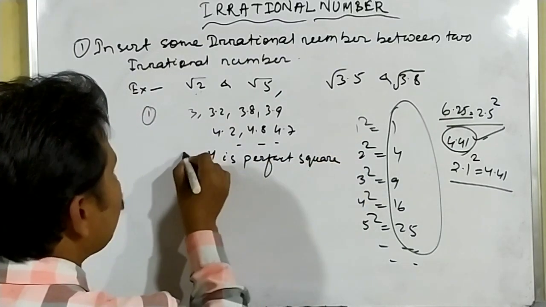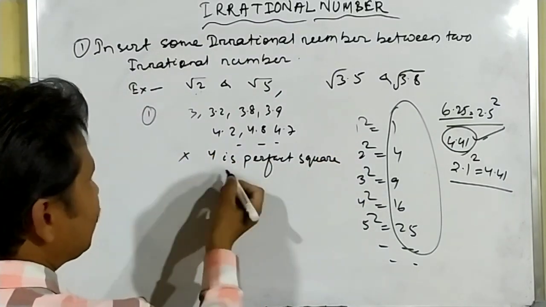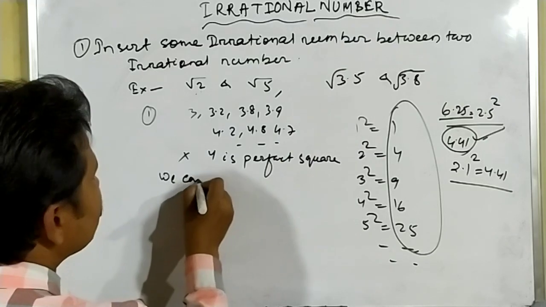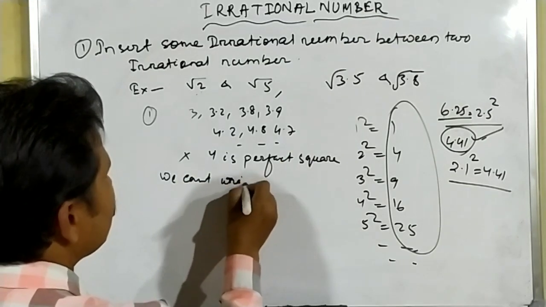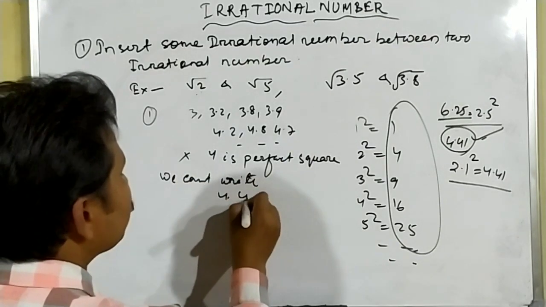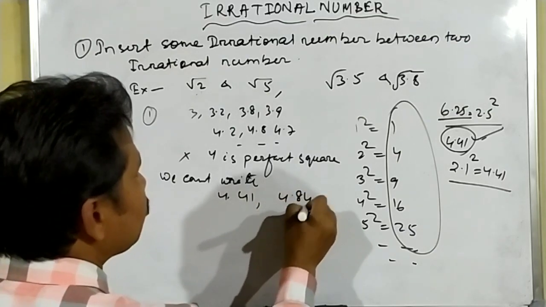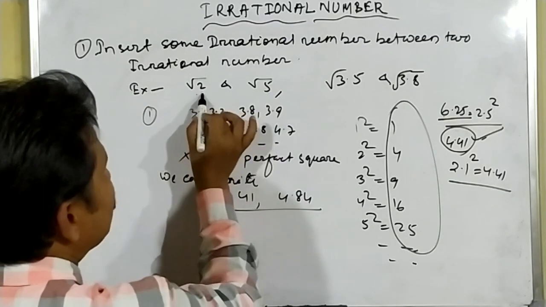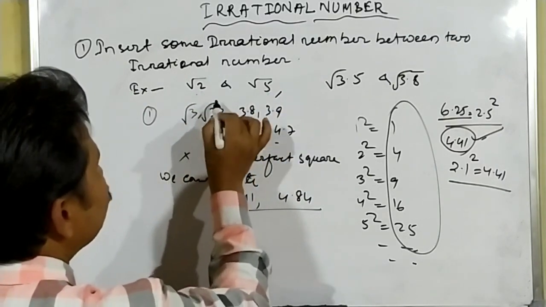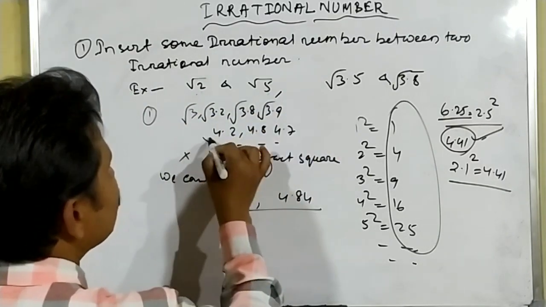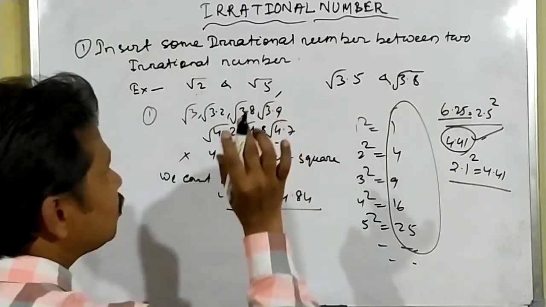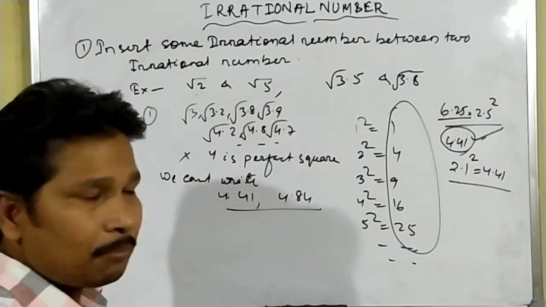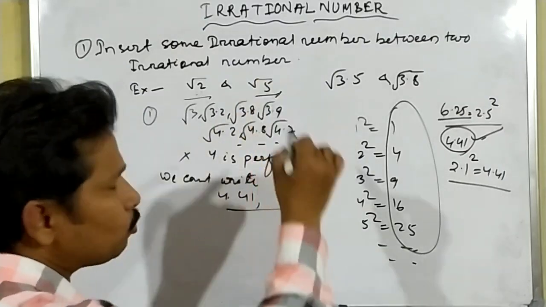We also can't write 4.41 or 4.84 because these are perfect squares. So write a number between 2 and 5 and then put the root over it. All these numbers are irrational numbers between root 2 and root 5.